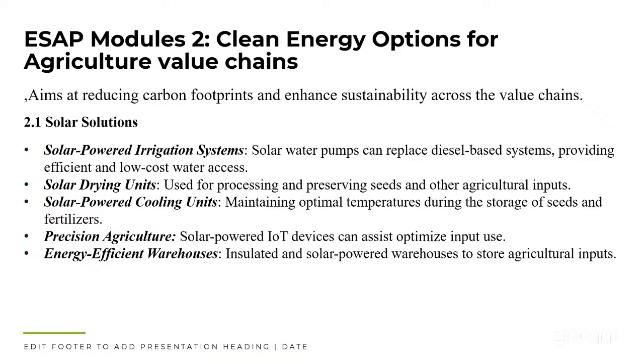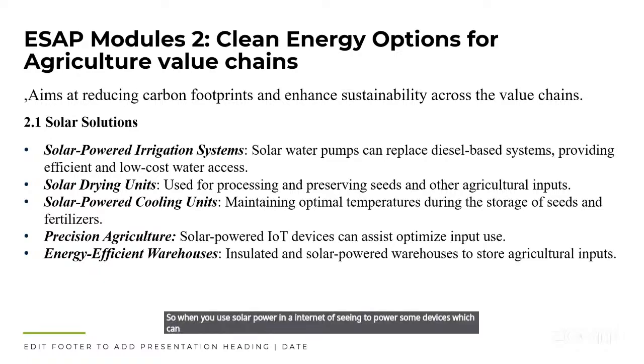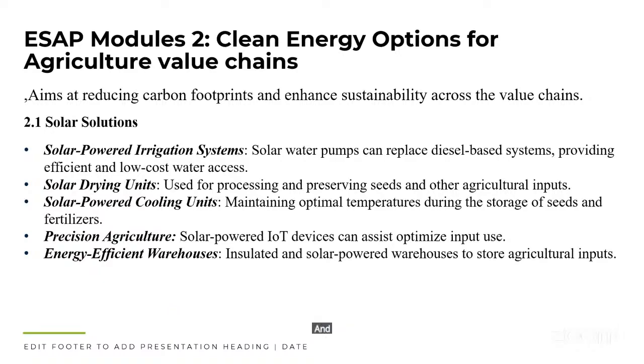Solar can be used in precision agriculture. So when you use solar power in Internet of Things to power some devices, which can assist in optimizing input use. And among inputs, you can see fertilizers, we can see water, we can see pesticide and other input elements. And all that is done using Internet of Things devices.